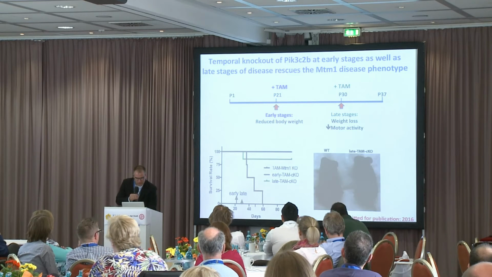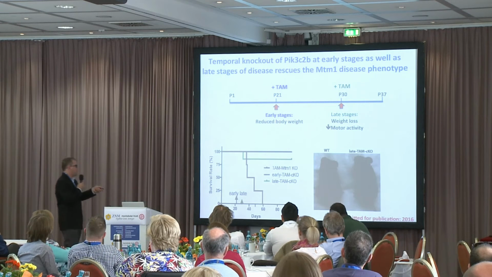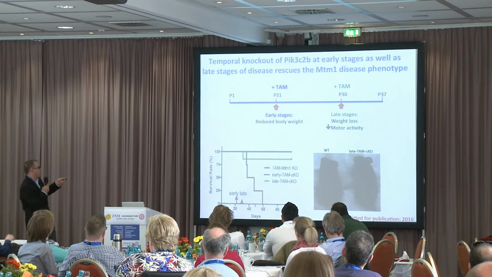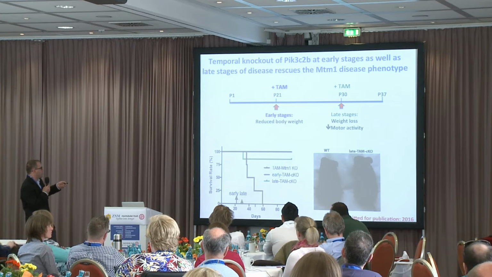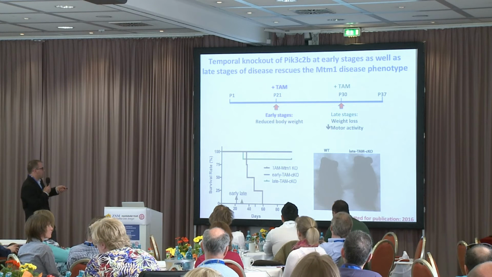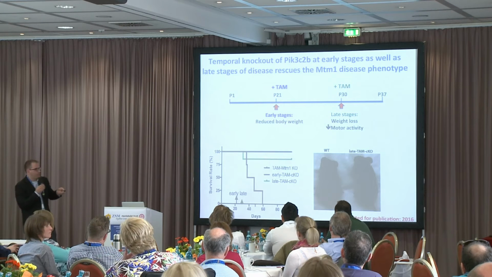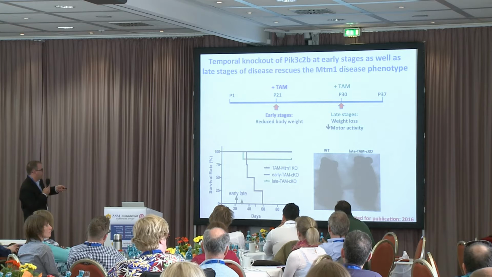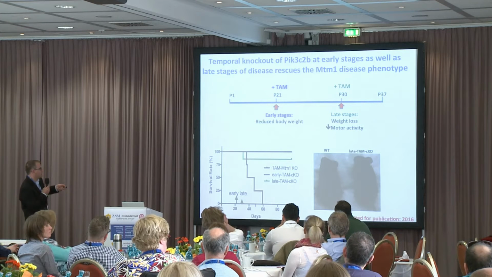So this is what it looks like. We were very excited to see that regardless of whether we eliminated the kinase, the PI3C2B, at an early stage of MTM1 in the mouse model, or at a late stage, we got a complete rescue of the phenotype. So we lost one animal right when we started the knockout, but the rest remained healthy, and these animals are now almost a year old.